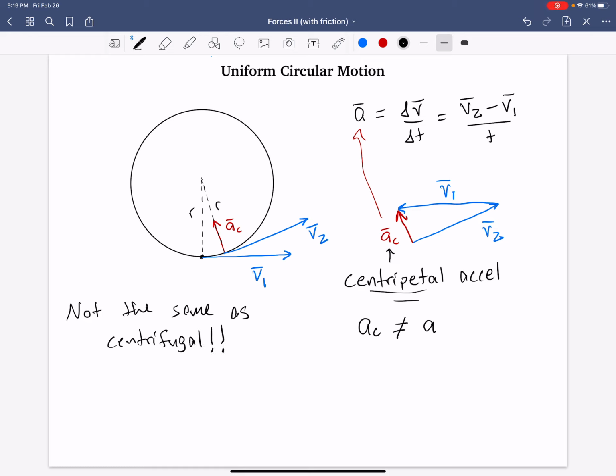This gets 2 exclamation points. Okay, not the same. Centrifugal is not really a force at all. It's not really an acceleration at all. It's the apparent force that you feel when moving in a circle.